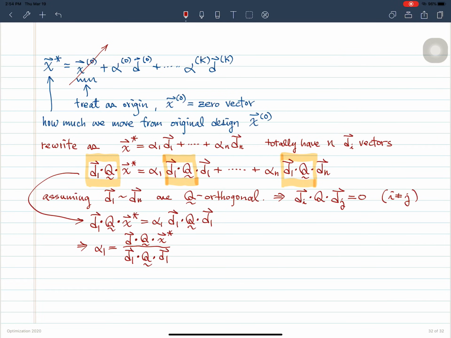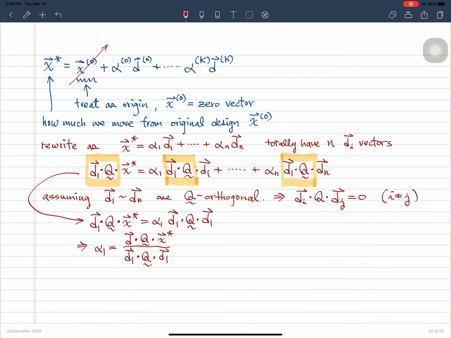So it seems like we have something, but it's not yet finished. Why? Because we don't know X star. If we don't know this, how can we calculate this? This is at least helping us derive from some original equation to something we have never seen before. And can we do something with it? Probably we could transform this into something we know instead of something we don't know.